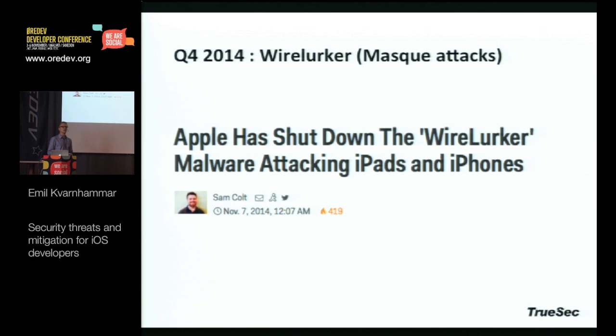Another example of attacks against iOS was WireLurker. WireLurker was really one of the first real malware threats on the iOS platform. And this took an interesting path, because they used what's called an enterprise signing certificate to sign the malware.